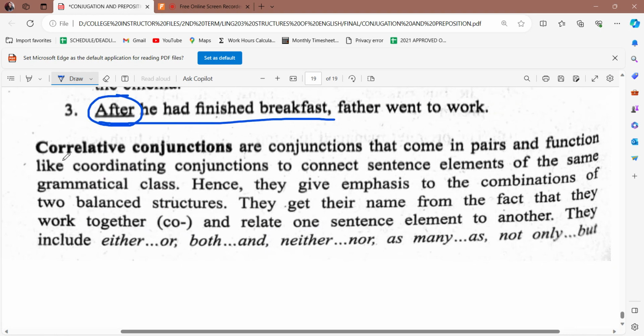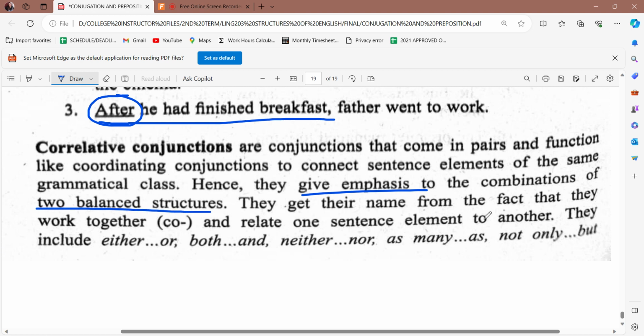While correlative conjunctions are conjunctions that come in pairs and function like coordinating conjunctions to connect sentence elements of the same grammatical class. Hence, they give emphasis to the combinations of two balanced structures.